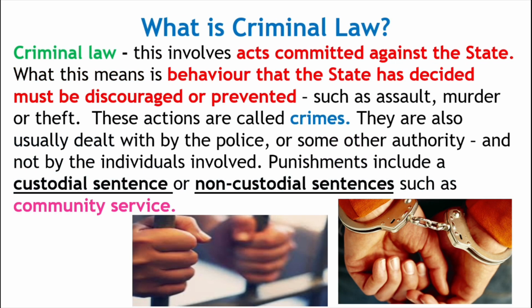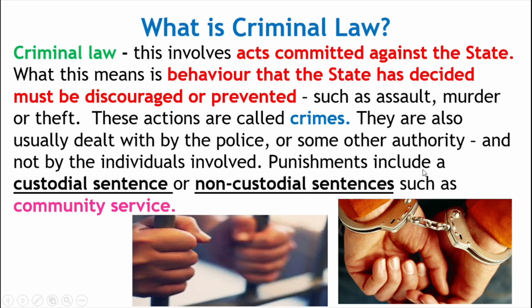What is criminal law? Criminal law involves acts committed against the state. What this means is behaviour that the state has decided must be discouraged or prevented, such as assault, murder, or theft. These actions are called crimes. They are also usually dealt with by the police or some other authority and not by the individuals involved.